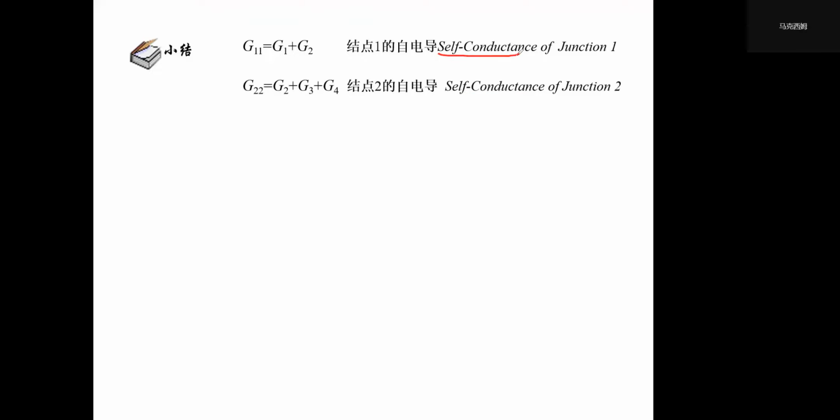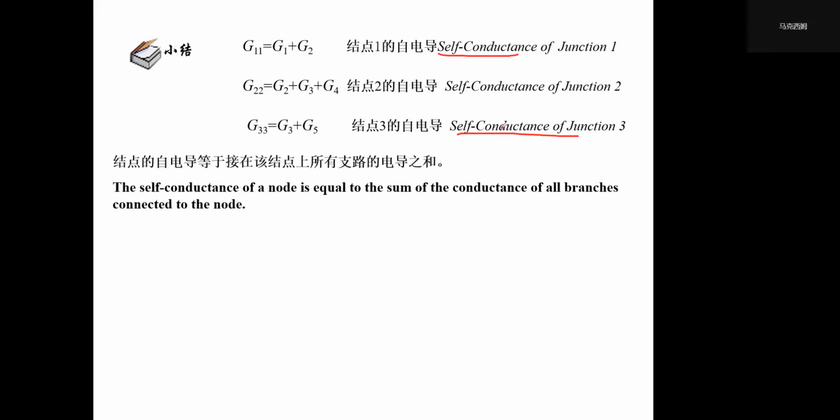In this case, we have three junctions, so we have three diagonal coefficients and three self-conductances. The self-conductance of a node equals the sum of the conductances of all branches connected to that node.